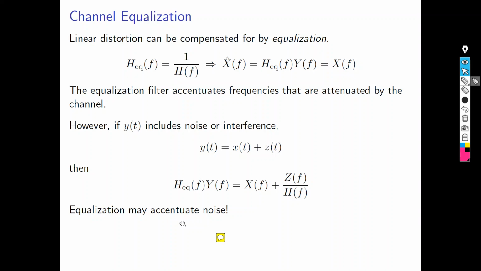Equalization may accentuate noise, cause noise, may increase it even sometimes. So these are the problems that we usually try to handle and overcome during designing our communication systems because they are really very problematic, and if you don't deal with them and eliminate them, you cannot have successful communication between two links.